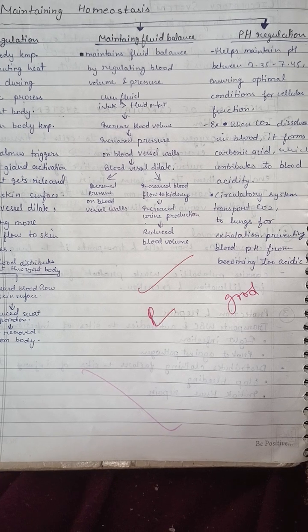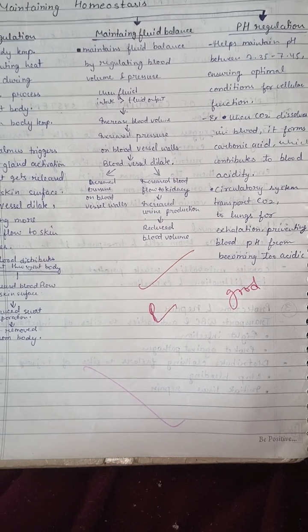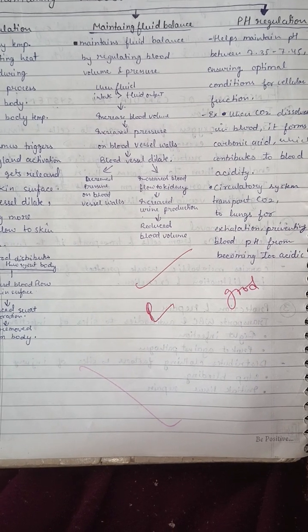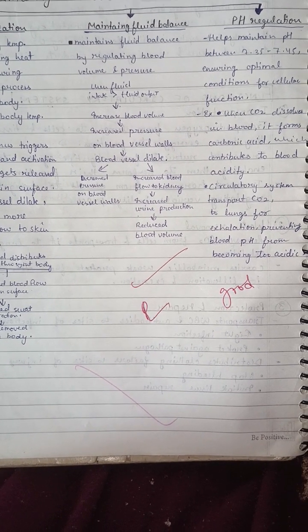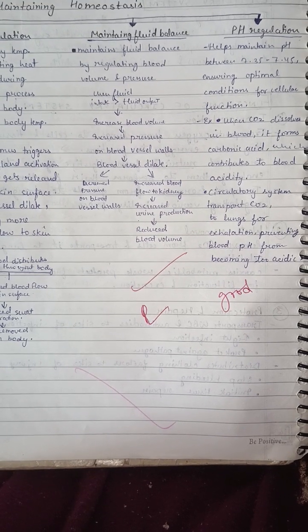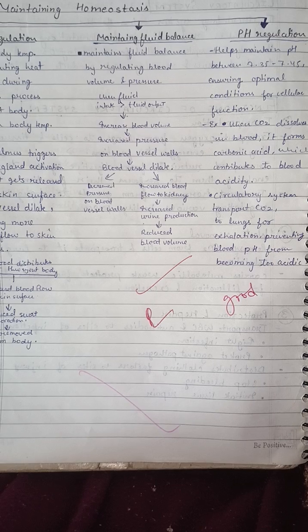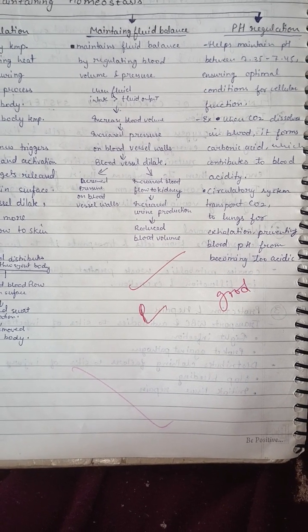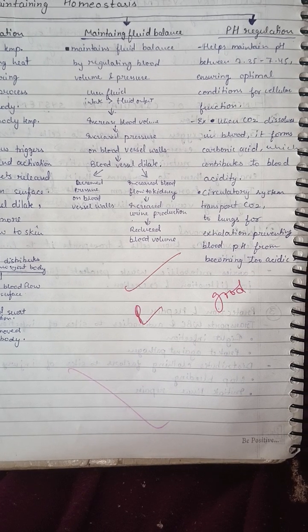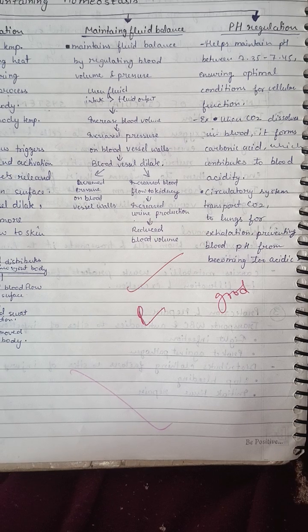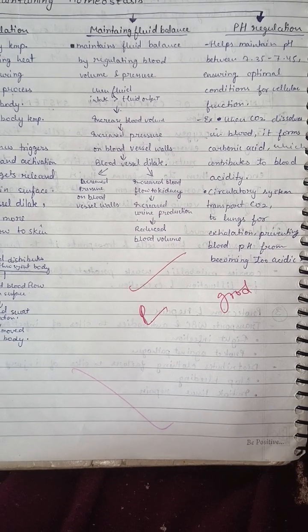And the last is pH regulation. Blood has a pH of 7.35 to 7.45, which is the optimal range for blood. For example, when more CO2 dissolves in the blood and the level of CO2 is high, it forms carbonic acid, which contributes to blood acidity.